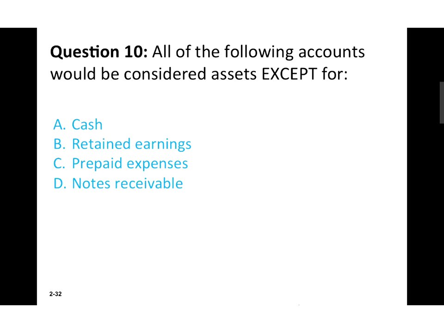Okay, another one. All the following accounts would be considered assets except for which one? Cash, retained earnings, prepaid expenses, or notes receivable? Okay, another 10 seconds or so on this one.